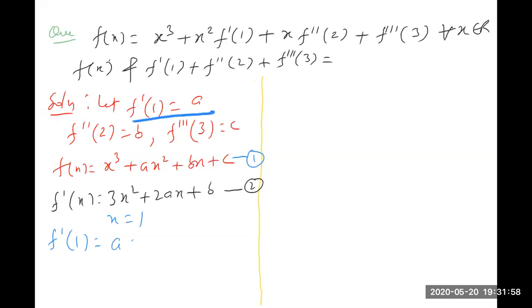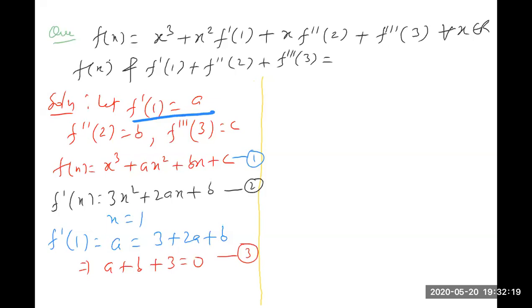So a is equal to 3 plus 2a plus b. So from this I will get the equation a plus b plus 3 is equal to 0. Consider this equation number 3.